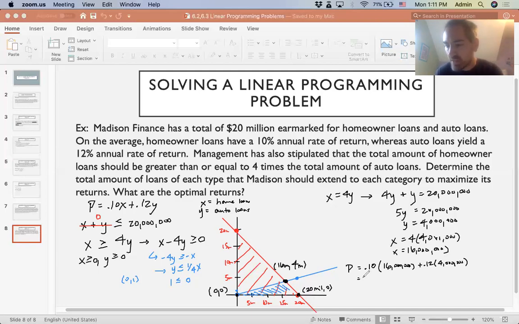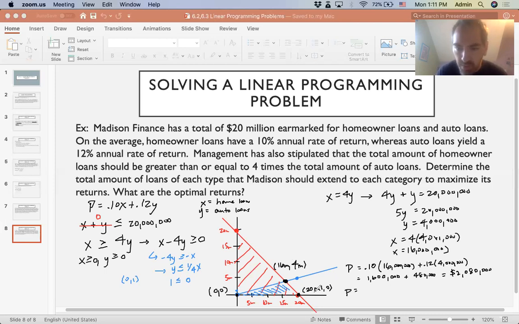Okay, so I'm going to write this out, 1.6 million plus 480,000 that gives a total profit of $2,080,000 for the 16 million, 4 million setup.